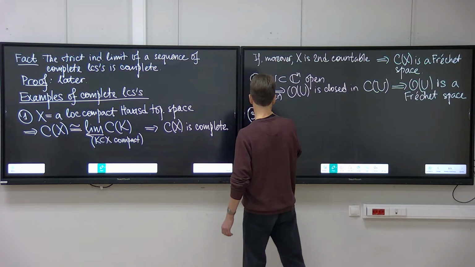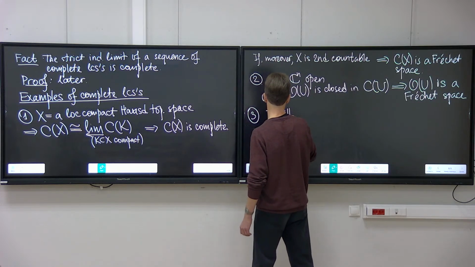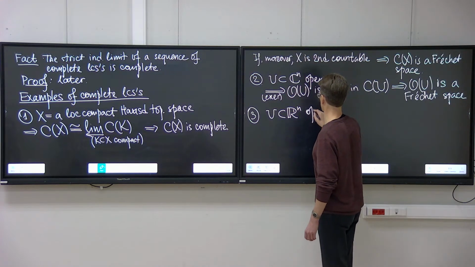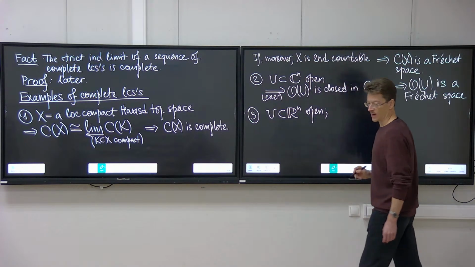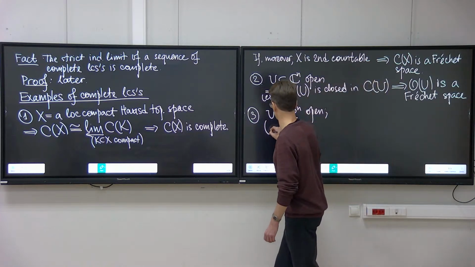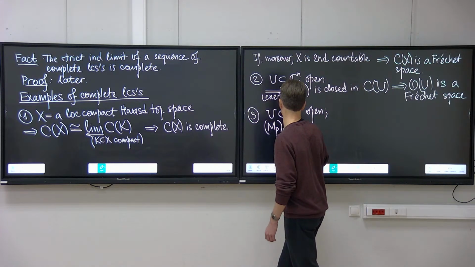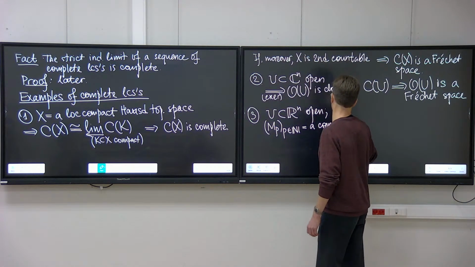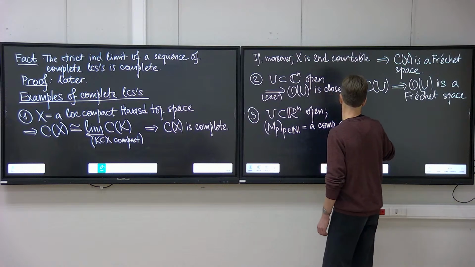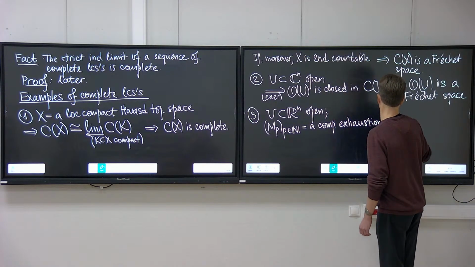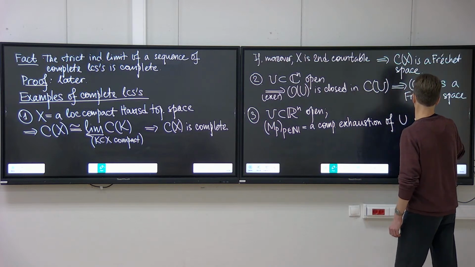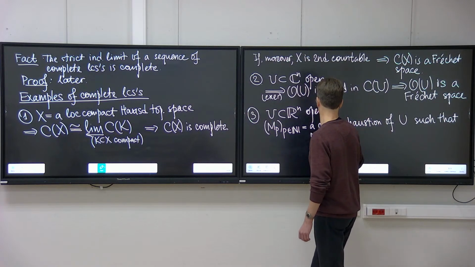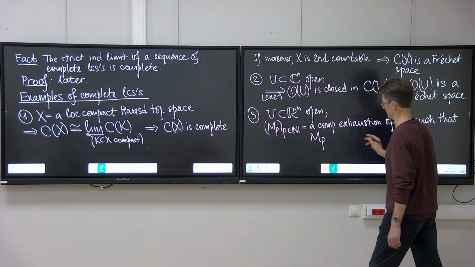Example 3: let's now look at spaces of smooth functions. Suppose that U is an open subset of R^n, and let's take a compact exhaustion M_p of U, such that each M_p is a smooth manifold with boundary.